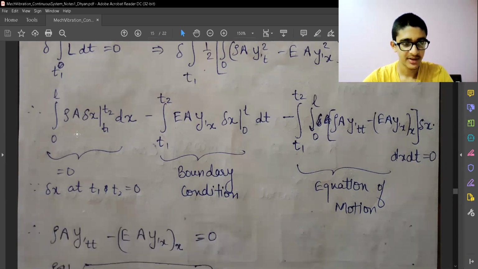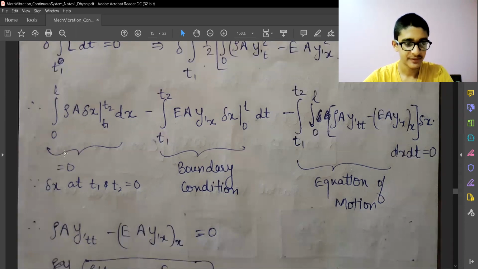So let's look at all the things. We'll get three terms. The first term is 0 because delta x at t1 and t2 are 0. This is another boundary condition which will give me delta x at L is equal to 0, delta x at 0 is equal to 0, or the EA del y by del x is 0 at L or is 0 at x is equal to 0 position.